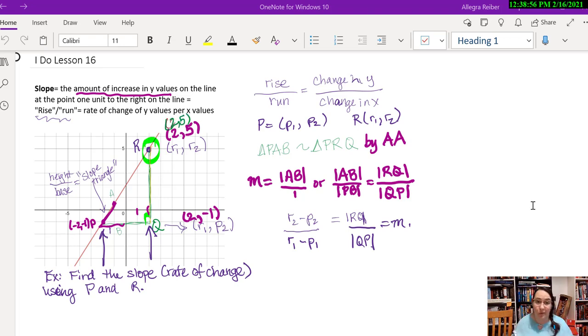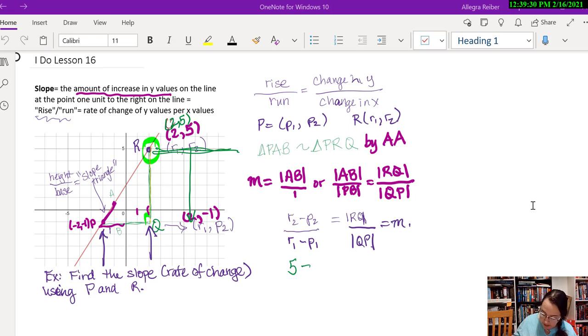So if I use my formula, I want to have the vertical change. So I'm going from a point that's up on the number line at height 5, up here, and I'm going to subtract off the height that I'm at the bottom.